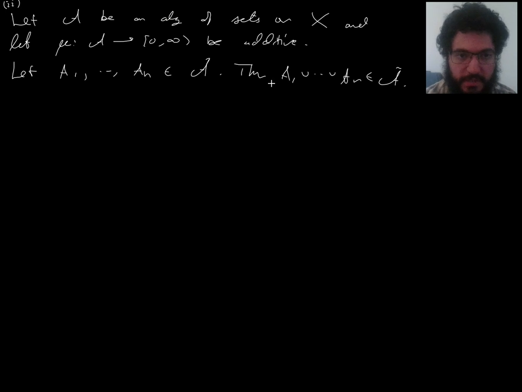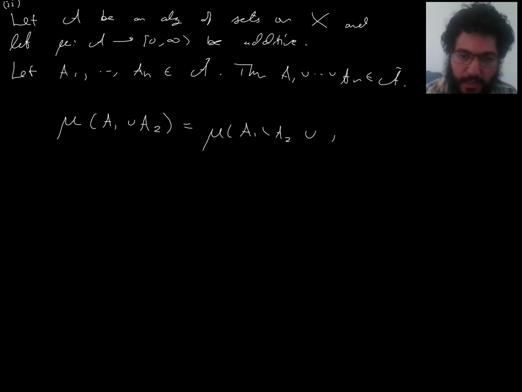So we're actually going to focus on two at a time. So let's think about mu of A1 union A2 to begin with. So right now I cannot apply additivity to this setup because these are not disjoint, right? But I can rewrite this as A1 delete A2 and then union A2, right?